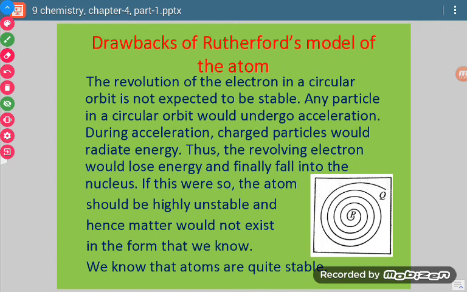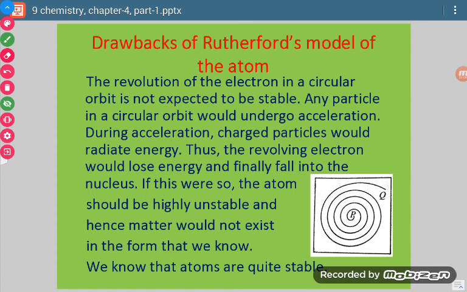The distance from the nucleus will keep on continuously decreasing, and our electron, which is moving outside the nucleus, will follow a spiral path. Now what is a spiral path? This is the spiral path. See, in the beginning the electron was here and then it started coming near the nucleus because of loss of energy, and ultimately what is going to happen? It will fall in the nucleus.